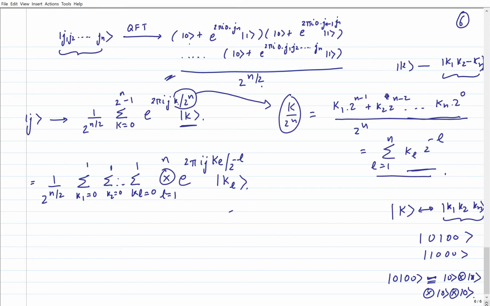So now what I can do, I can take the tensor product sign out, l equals 1 to n. This goes from 0 to 1, and I get e to the power of 2 pi iota j kl over 2 to the power of l, times the two-dimensional vector kl over here.